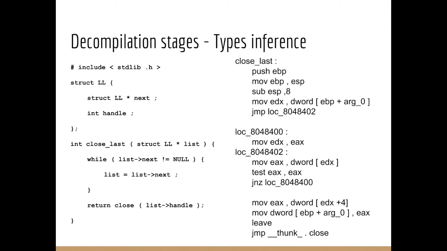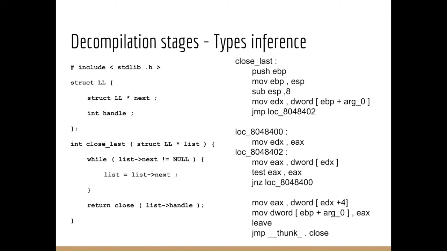How does it work? For example, we have a simple program which contains a linked list and a function which has access to this list. Here we can see the disassembly of this function and how it accesses these variables.